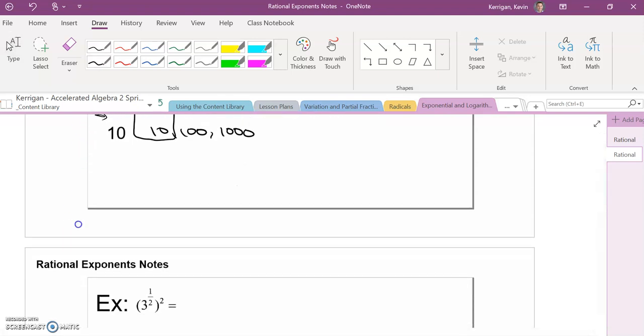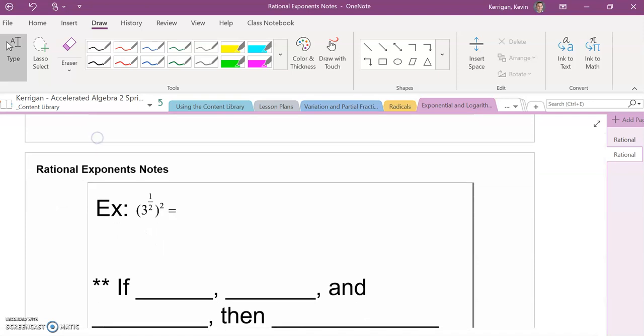Okay? So, rational exponent. For example, if I have 3 raised to the 1/2 and then squared, just using my laws of exponents, I know when I raise a power to a power, I multiply exponents. That's going to give me 3 to the 1/2 times 2, which is 3 to the 1st power, which gives me 3.